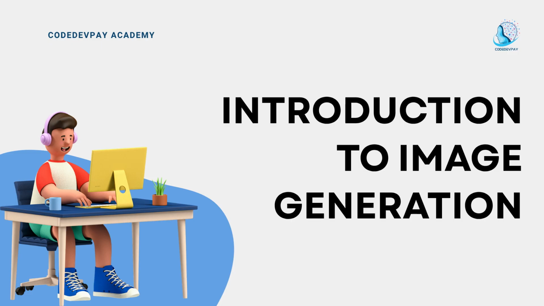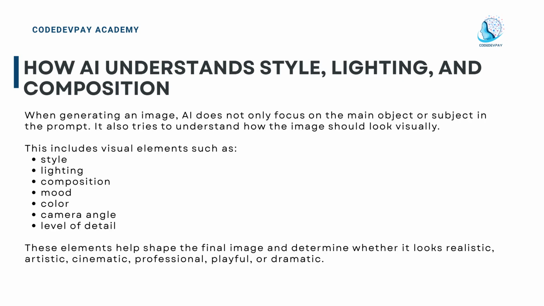We are now going to look at how AI understands style, lighting, and composition. When generating an image, the AI does not only focus on the main object or subject in the prompt, it also tries to understand how the image should look visually.